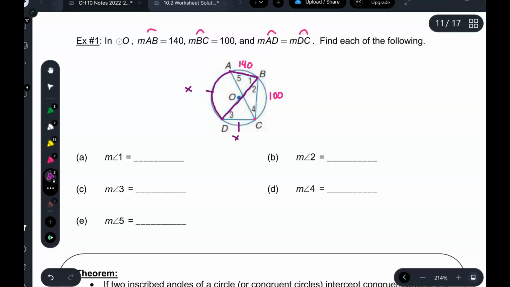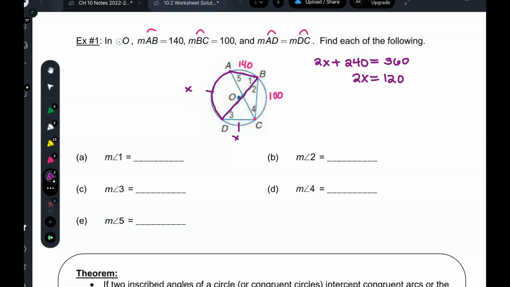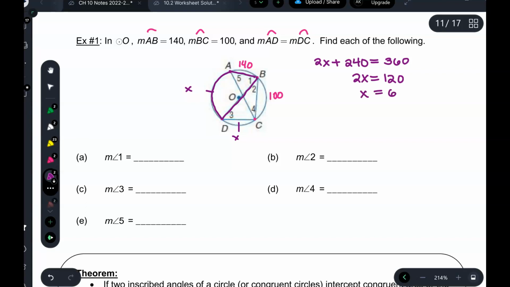360. So we have 2x plus 240 equals 360, adding 140 and 100. So 2x equals 120, so x is 60.